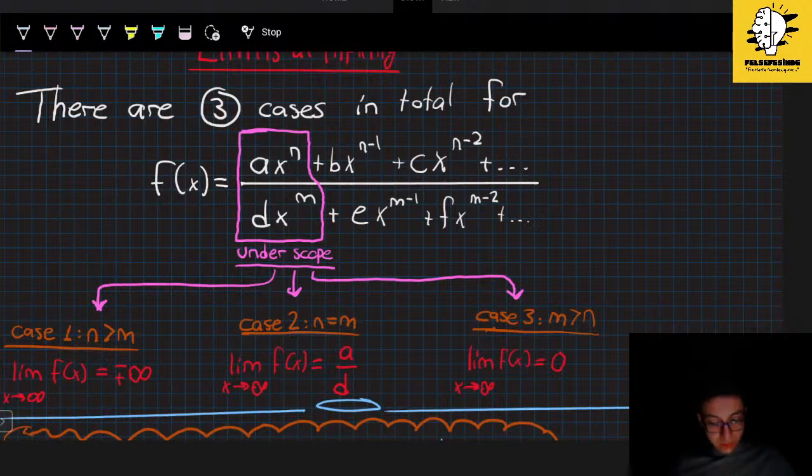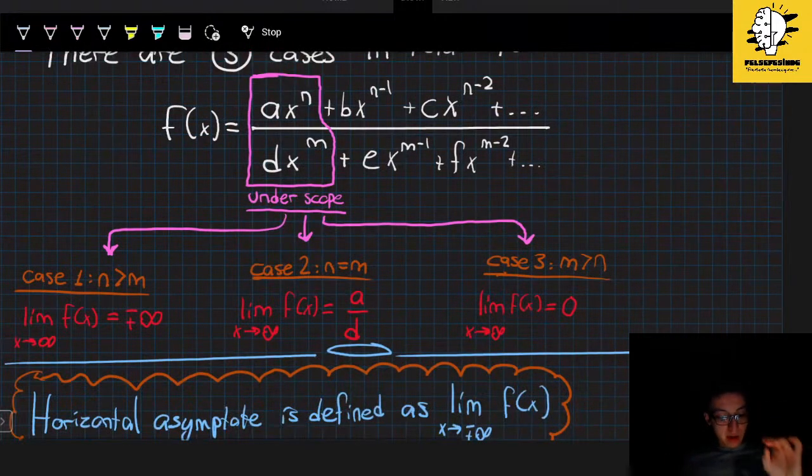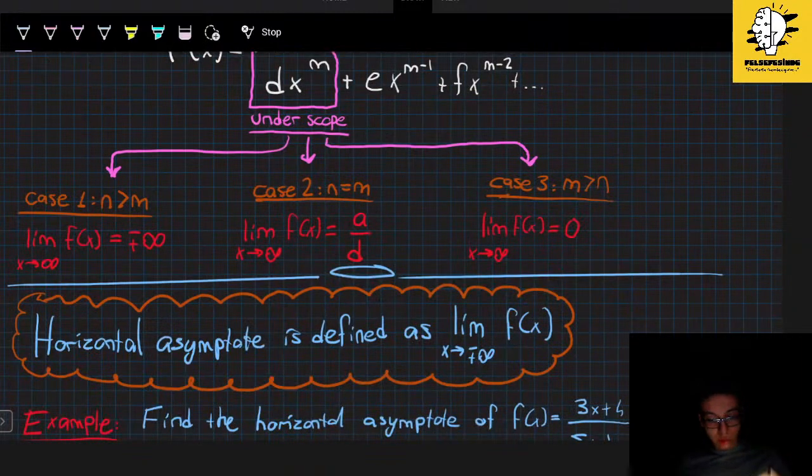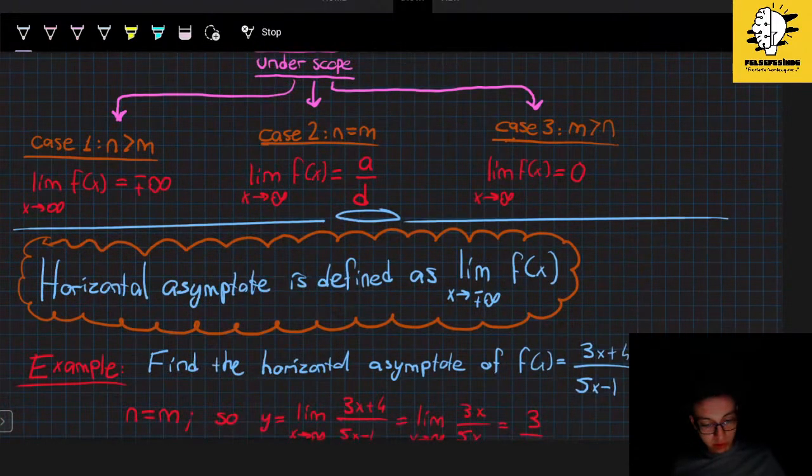Okay, so another concept: we have the horizontal asymptote when x is approaching positive or negative infinity for a function. Let's solve an example and understand it.